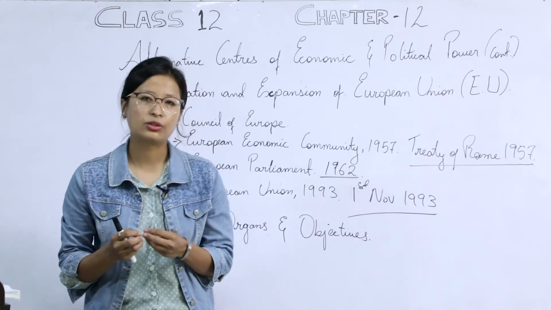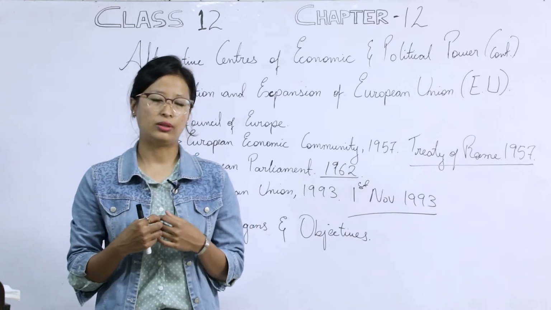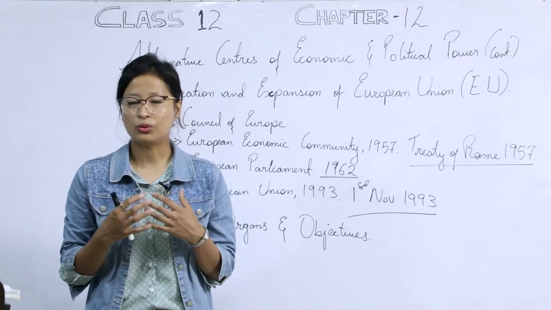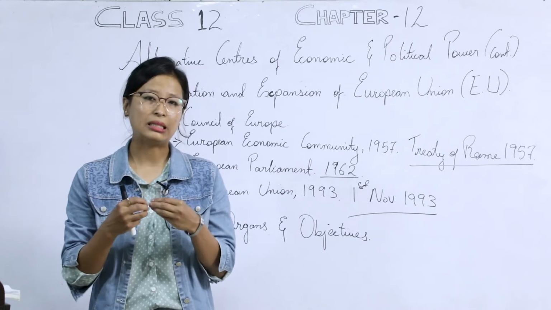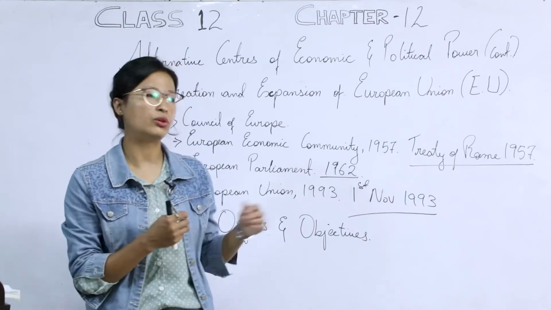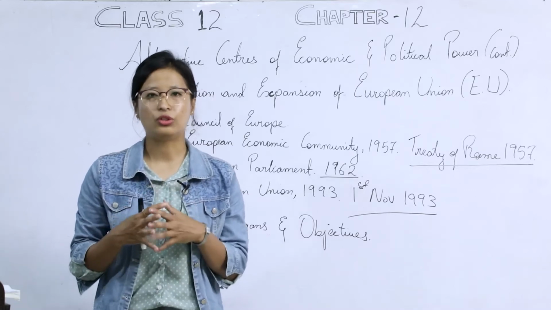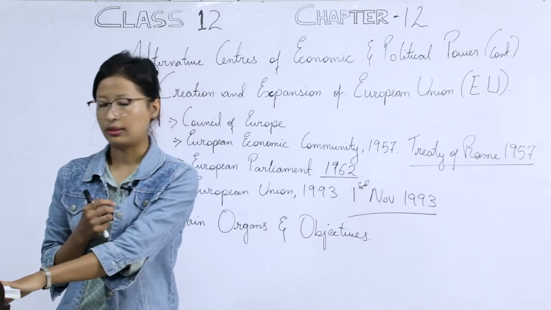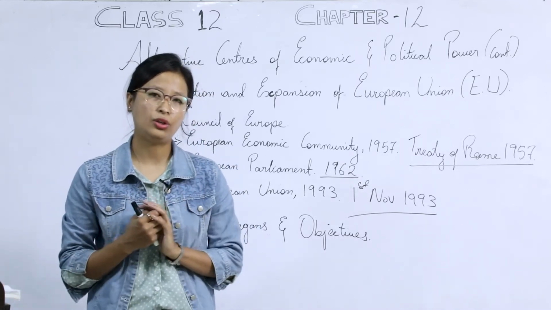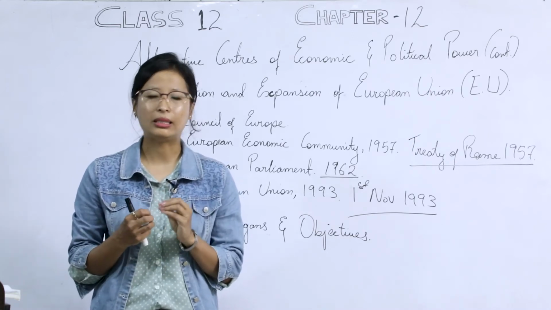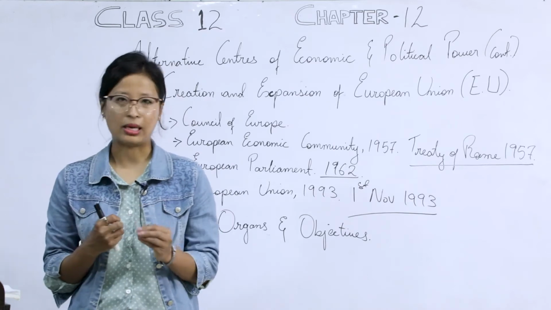Now, with the disintegration of the Soviet Union, the downfall of the Soviet Union in 1991, those countries which were part of the Soviet Union started to become members of the European Union. With this, in 2007, the number of member states of the EU increased to 27.